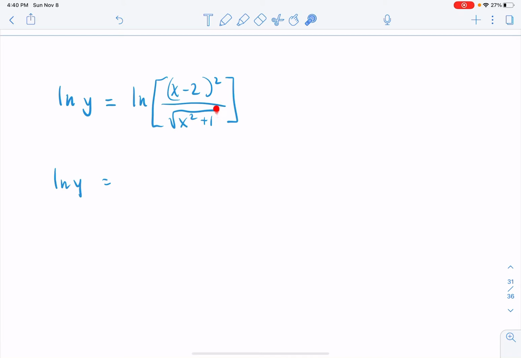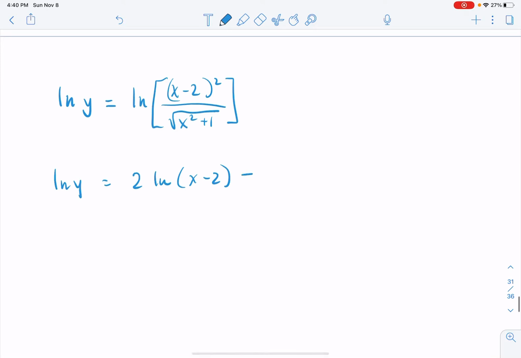This is going to be a difference because I got a quotient, and then the 1/2 power for the square root will also come out. So I have 2 times the natural log of x minus 2, minus 1/2 times the natural log of the x squared plus 1. I almost said square root.